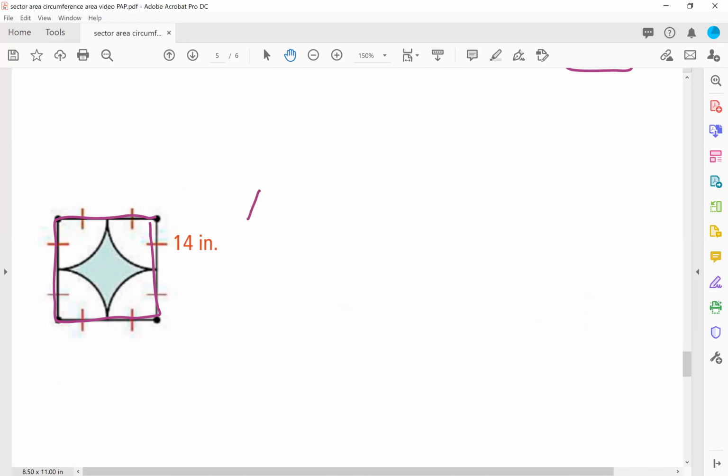So I'm going to have the area of the square minus 4 of the area of the quarter circle, okay? So first things first, this 14 is only from here to the center. This is where the 14 is.